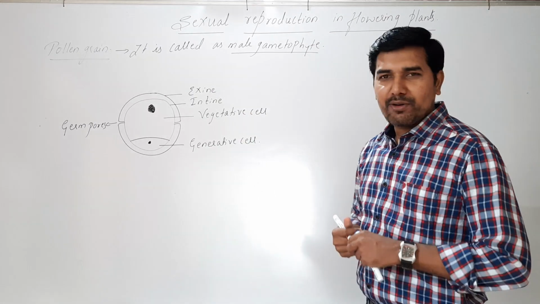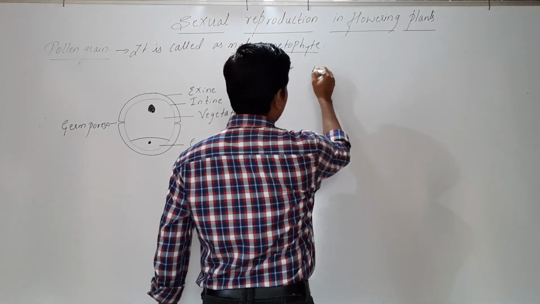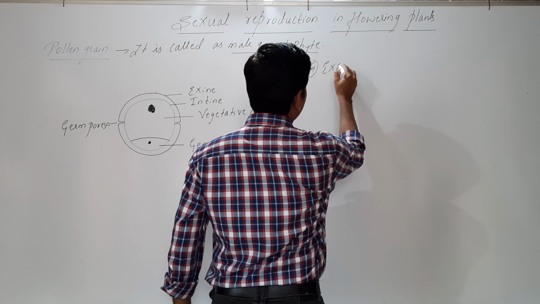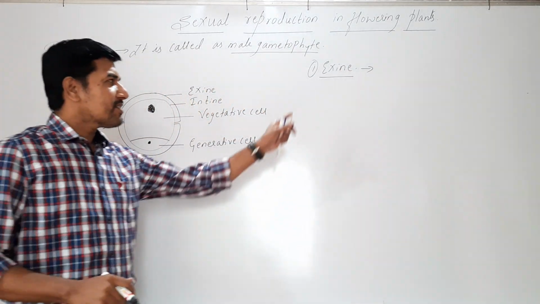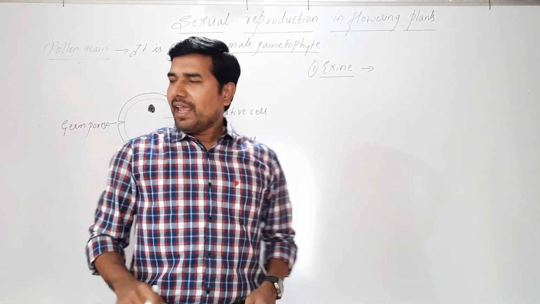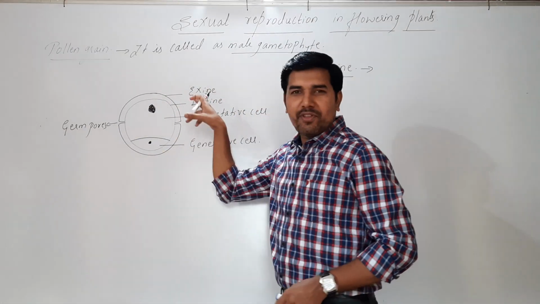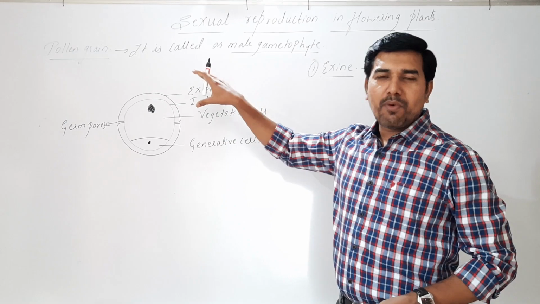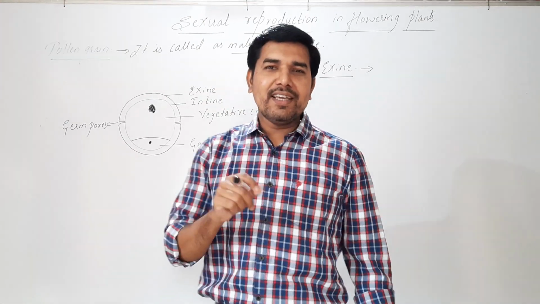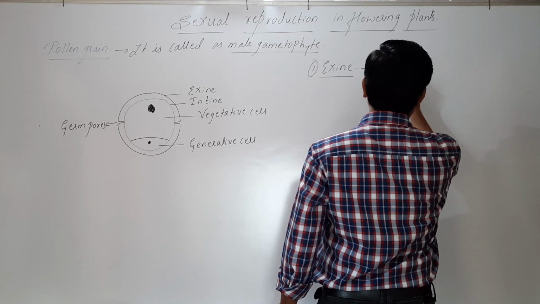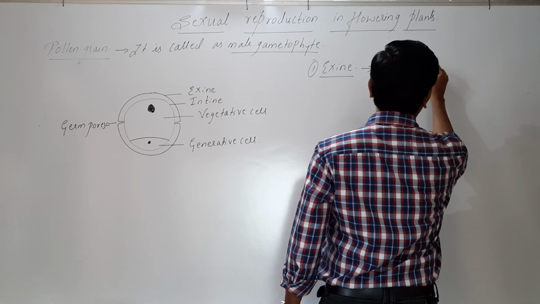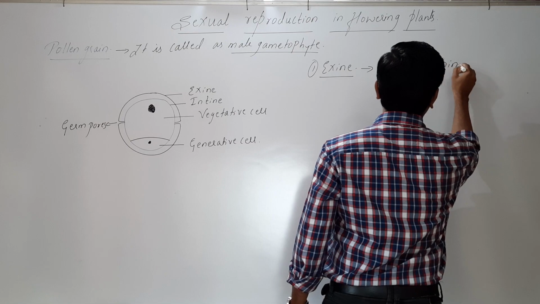If we look at the structure of the exine, it is the outer layer of the pollen grain, made up of a highly resistant substance called sporopollenin.